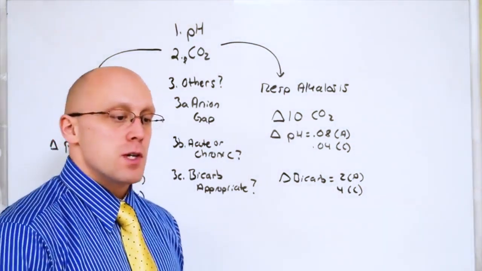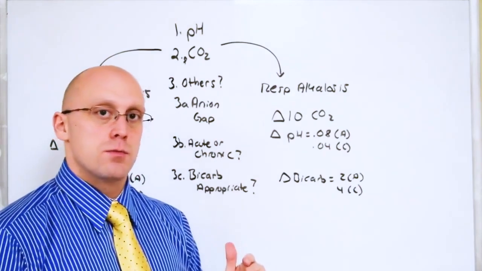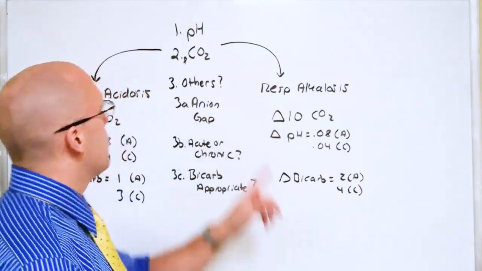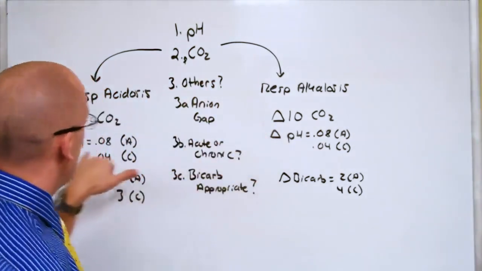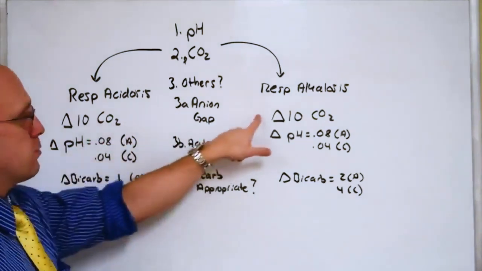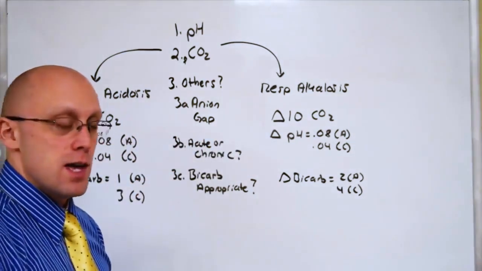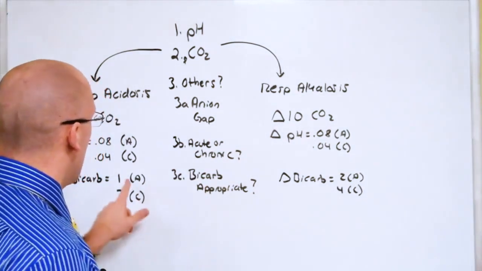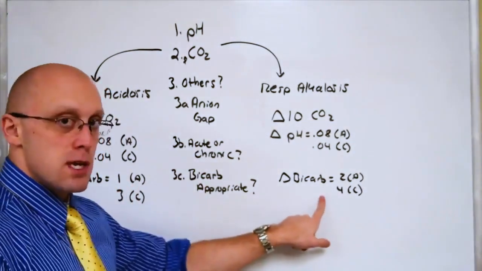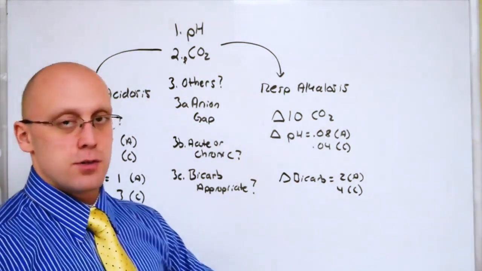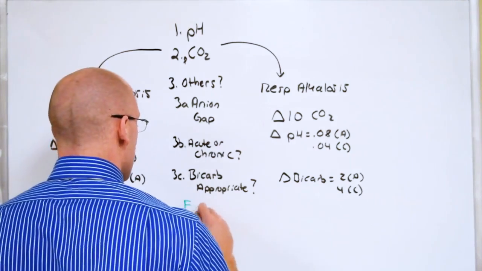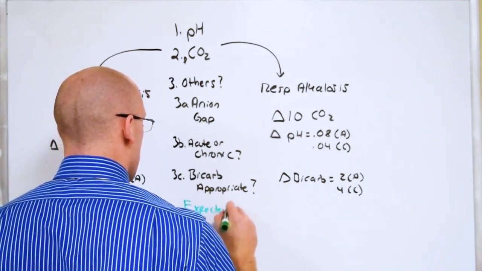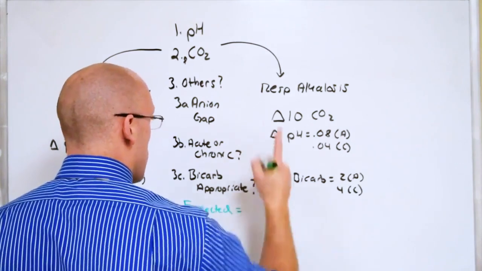So what you do is you look at the CO2. It's a respiratory problem. Whether it's acidosis or alkalosis, you calculate the change in the pH based on how many dime changes of CO2 you've had. Then you say, I know what my bicarb change should be, and ask yourself, is the expected bicarb equal to the bicarb given?